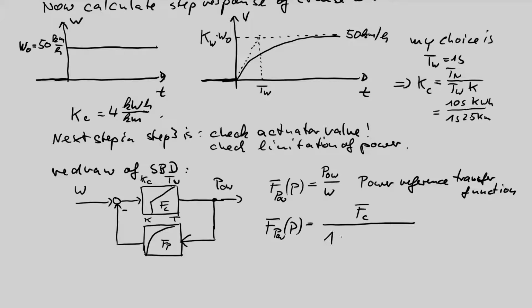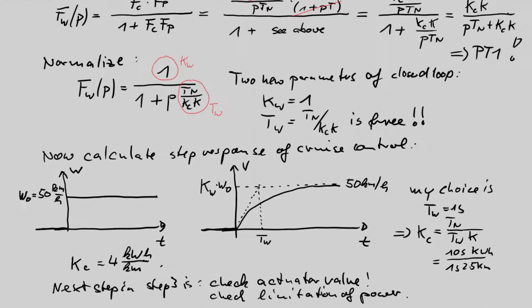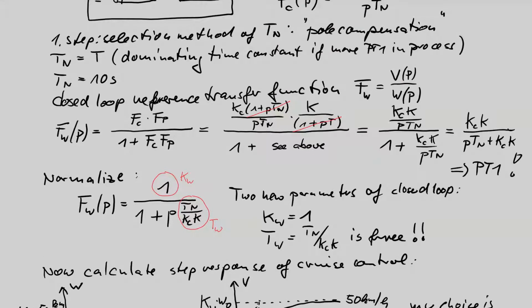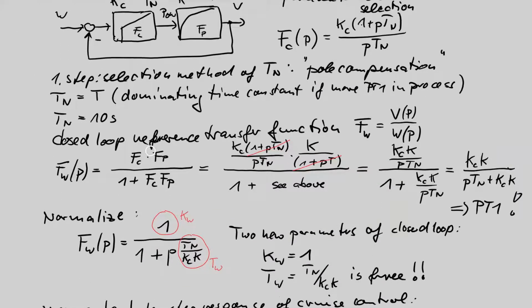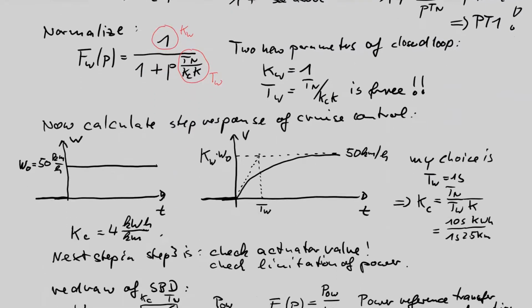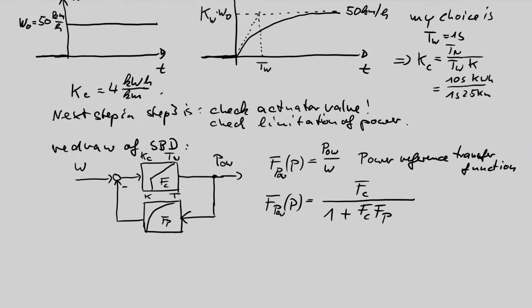And in the denominator we have the unchanged FC times FP. So the denominator is unchanged, but the numerator is now different from my reference transfer function relating to speed. In that function we have controller times process in the numerator. And different to this, the power reference transfer function has no process here.